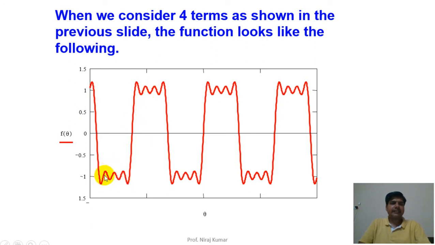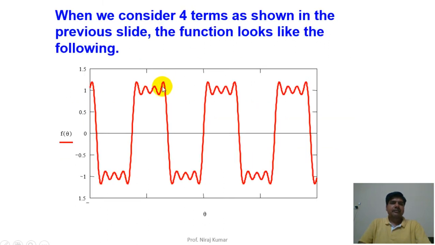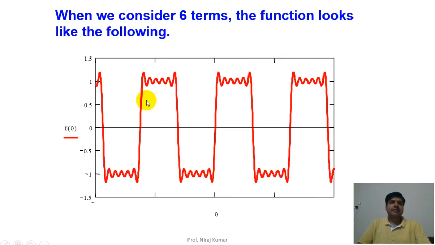If we increase the number of terms, the number of ripples will increase, because we know that for sine theta, we have only one peak or only one lowest point. If it is sine 3 theta, there will be 3 peaks and 3 lowest points, and so on. So this is the graph when we consider 4 terms in the Fourier series.